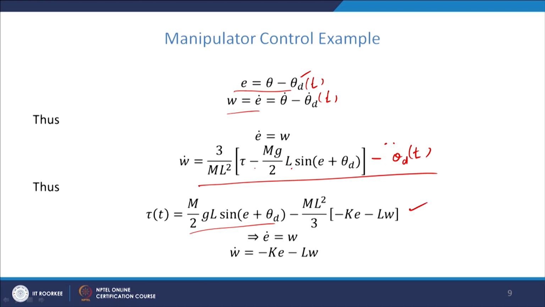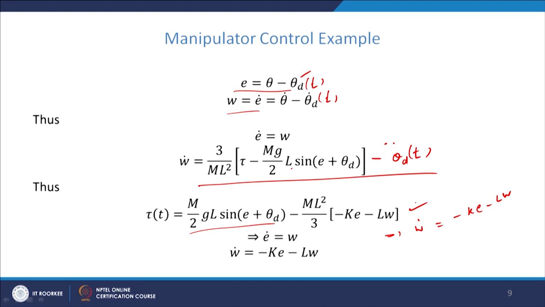So, if you substitute in the place of tau this whole expression, we will simply get the expression, this will imply W dot is equal to simply minus Ke minus Lw.